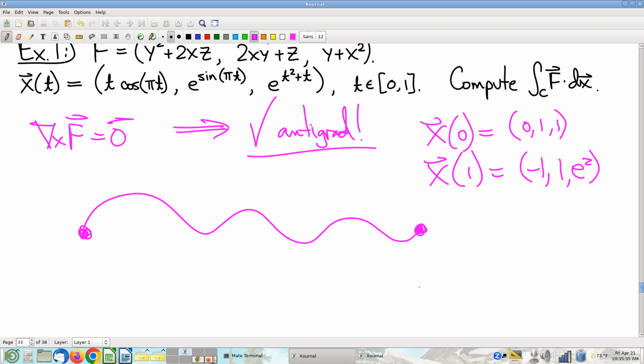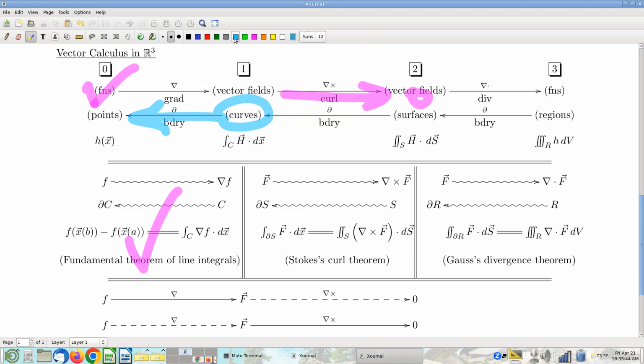There is no surface that I could possibly use with Stokes' curl theorem. Because I computed the boundary and did not get nothing, I got an actual couple of boundary points, that means there is no anti-boundary surface. That means there is no Stokes' theorem on the table for this question.